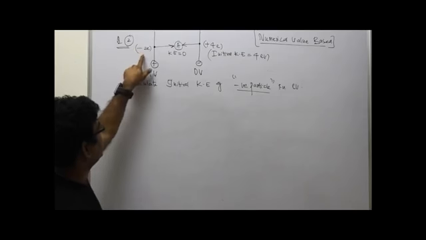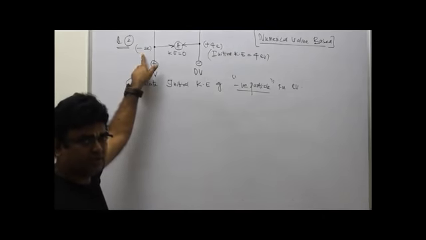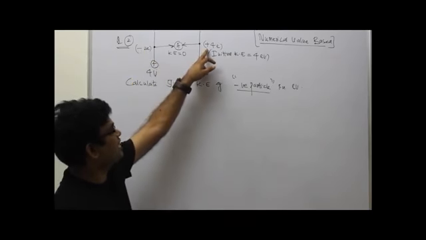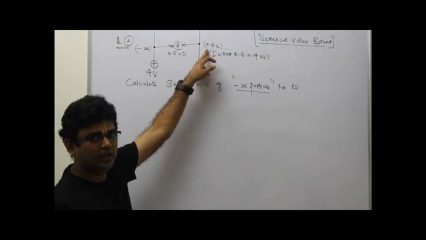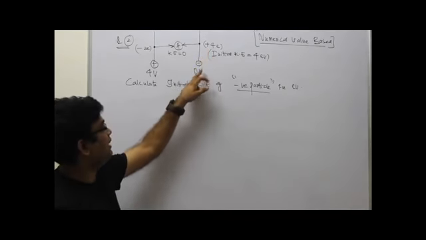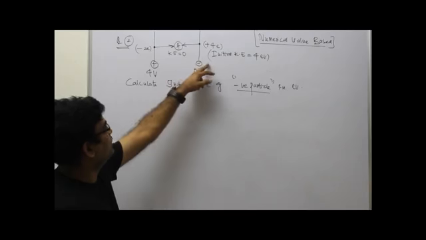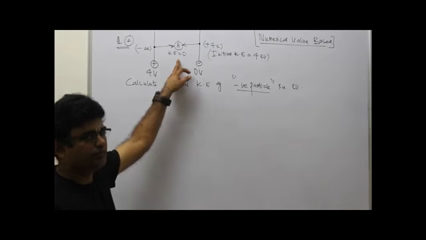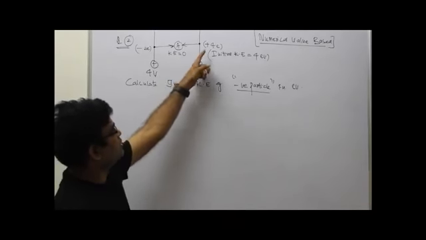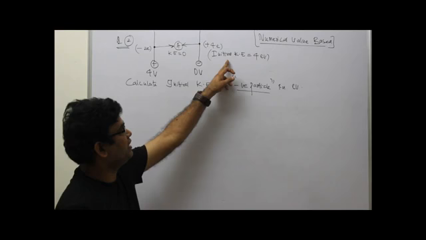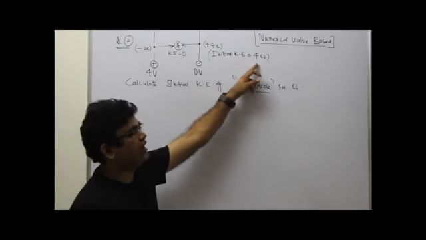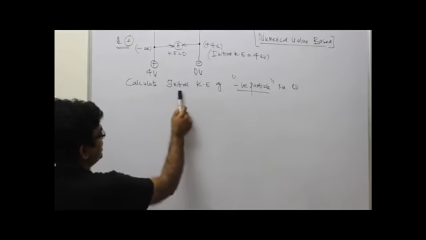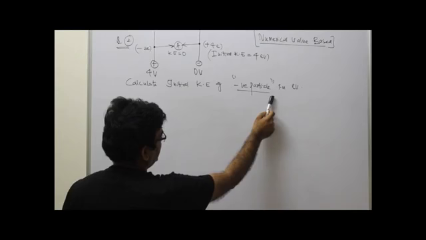And a negative particle of charge 2E is projected from positive plate, and a positive charge particle of charge 4E is projected from negative plate. Both the particles reach point A with final kinetic energy 0, and the positive particle is projected with initial kinetic energy 4 electron volt. In such case, calculate initial kinetic energy of negative particle in electron volt.